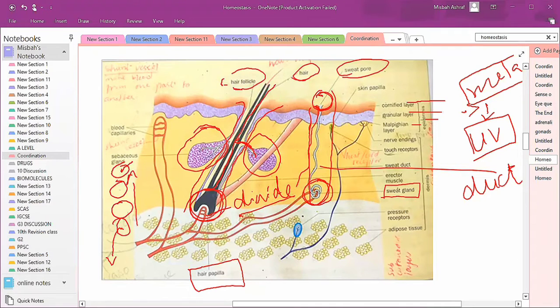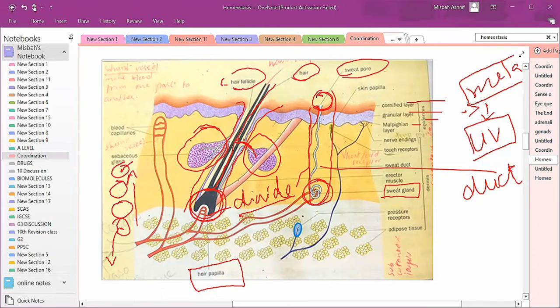Then sebum, beta, also has antiseptic property, and it also lubricates our hair and our skin as well, keeps the skin smooth and soft, and prevents the skin from dehydration.